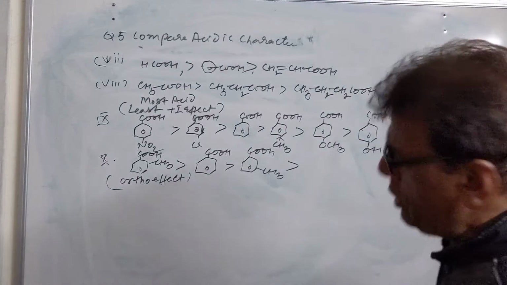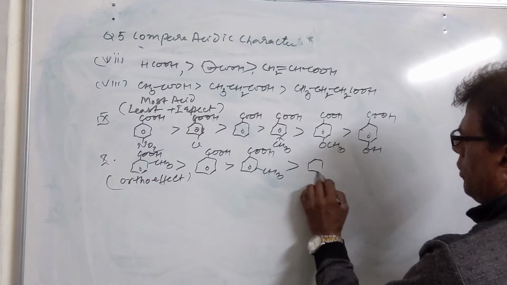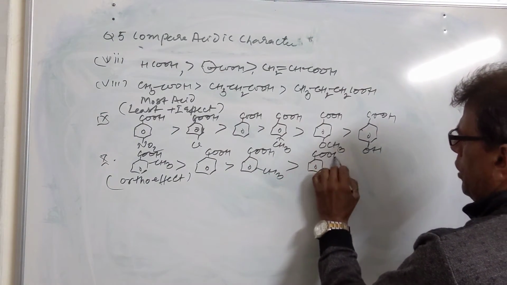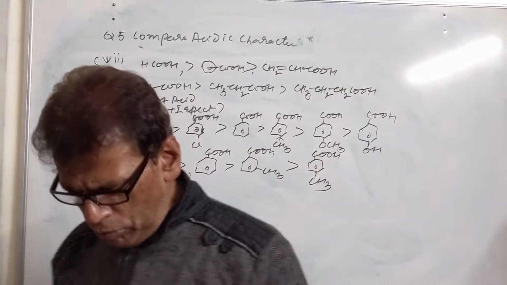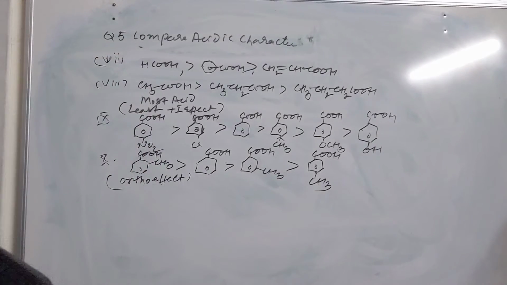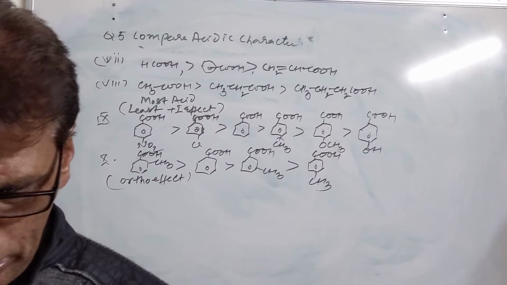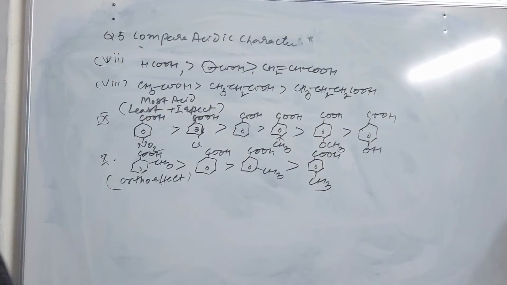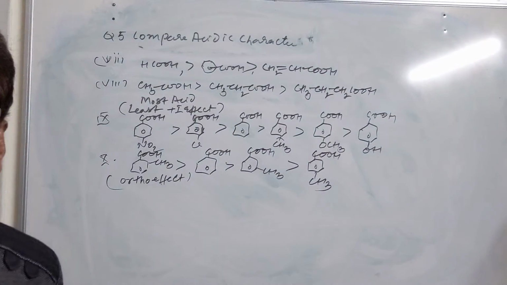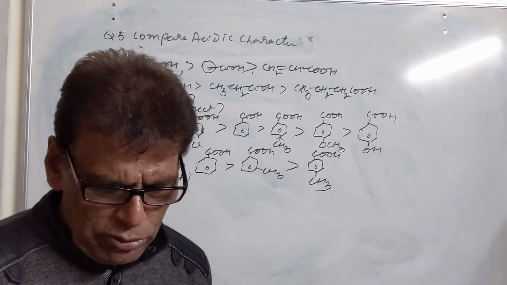After meta-methyl benzoic acid we have para-methyl benzoic acid. So the first one is the strongest due to the ortho effect of the methyl group and COOH; the loss of proton becomes difficult in this case. So this is the comparison of acidic character of the carboxylic acids.